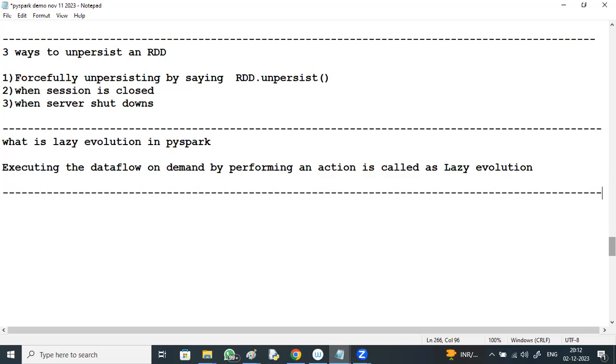That we call the fault tolerance model in PySpark. I'll explain step by step the RDD computation: what are the steps, what are the rules involved. And next, the fault tolerance model in PySpark.